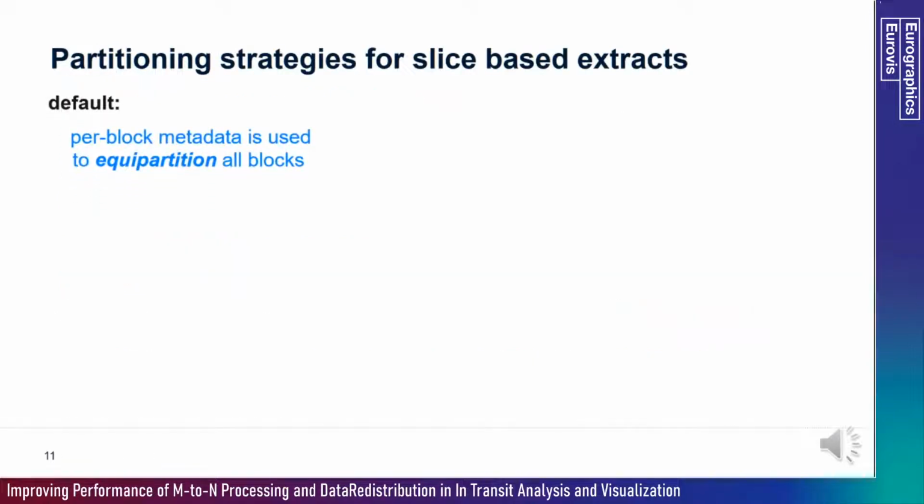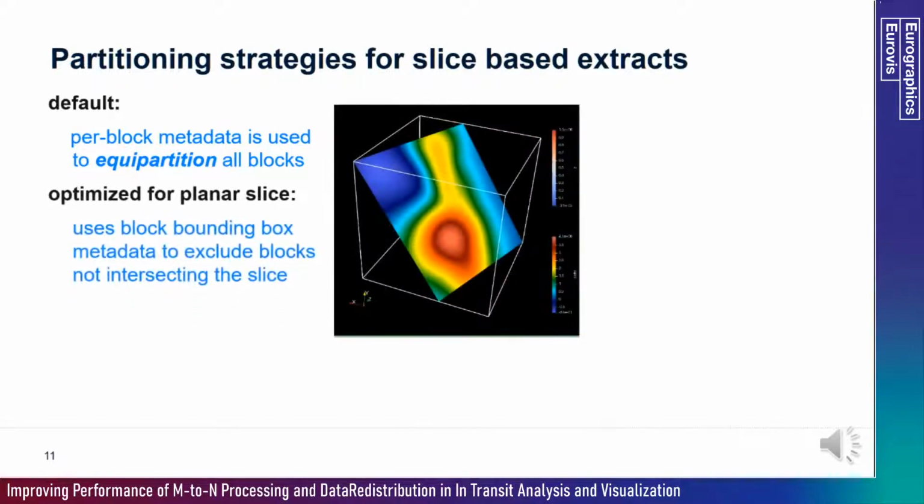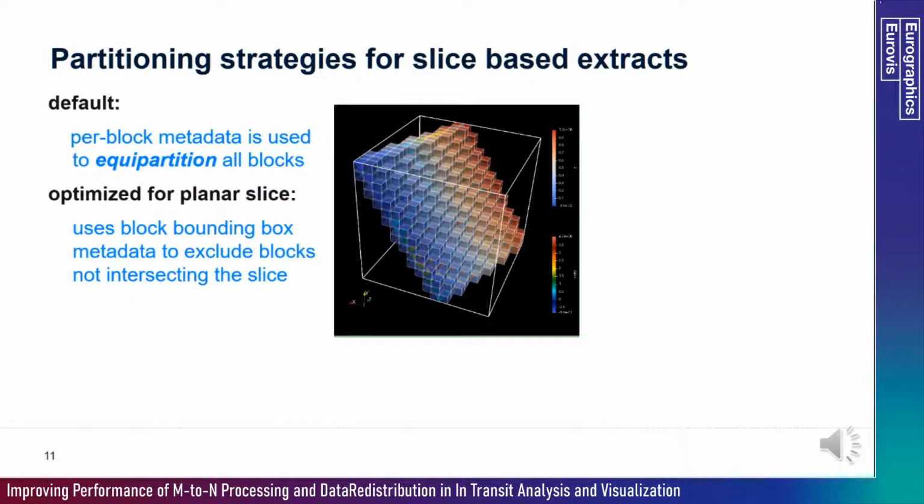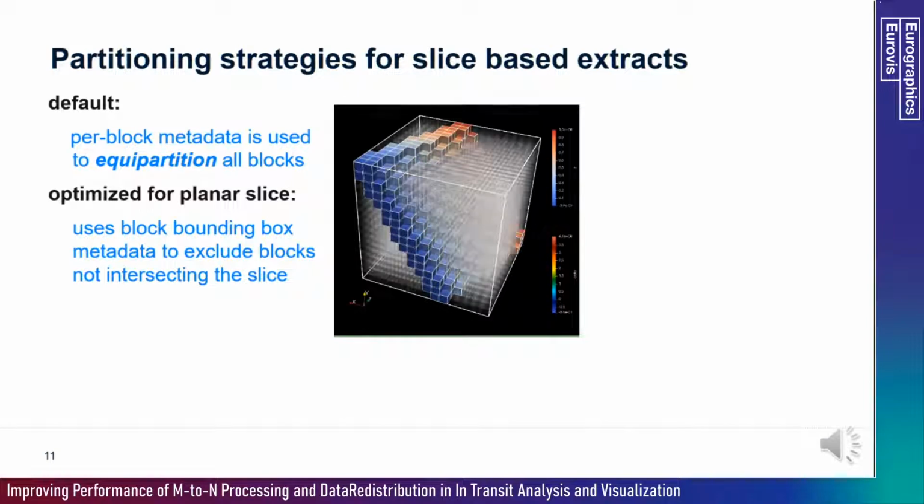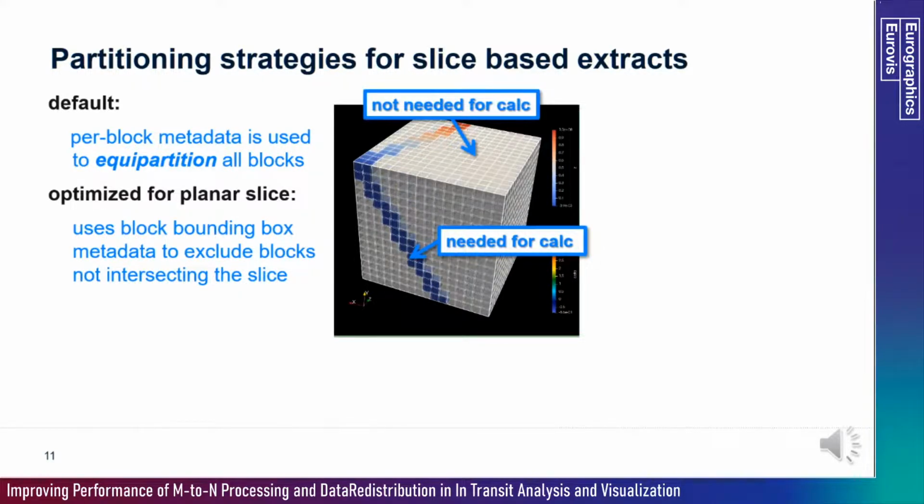Our studies are going to examine different partitioning strategies for slice-based extracts. First of all, we have the default, which is an equipartitioning of all blocks. When we're computing planar slices, we can use the per block bounding box metadata to exclude blocks that do not intersect the slice. Those blocks are not needed for the calculation and need not be moved or processed in the analysis job.